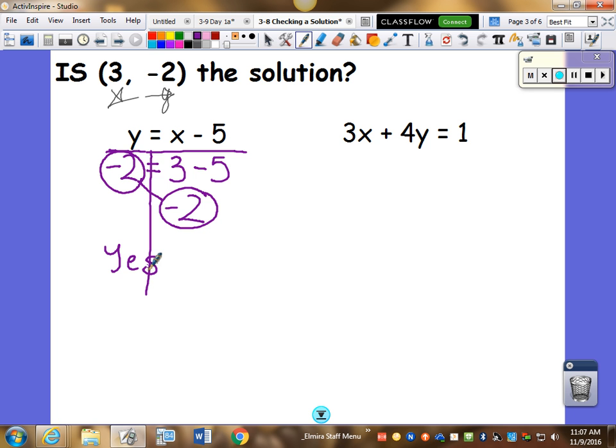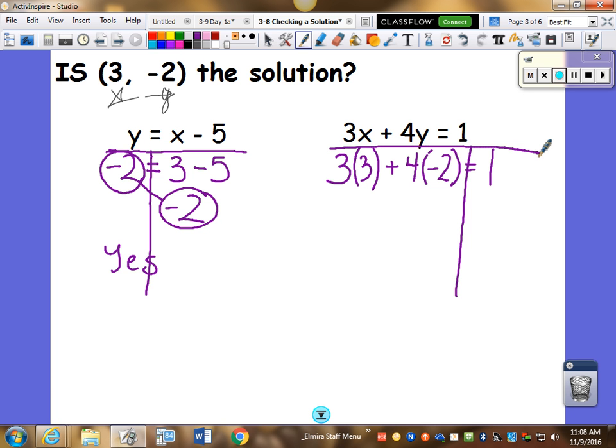Okay? And I'm going to come over here and I'm going to do the same thing, but I'm going to be really cautious. And I'm going to sub in correctly. So if this says 3 times x, then that means 3 times 3 plus 4 times y, which is -2, and that equals 1. Well, I don't know if it does or not. That's what we're trying to find out.